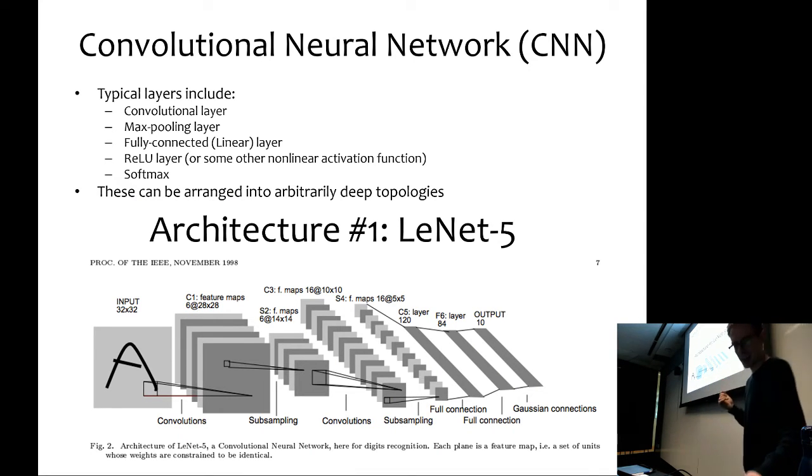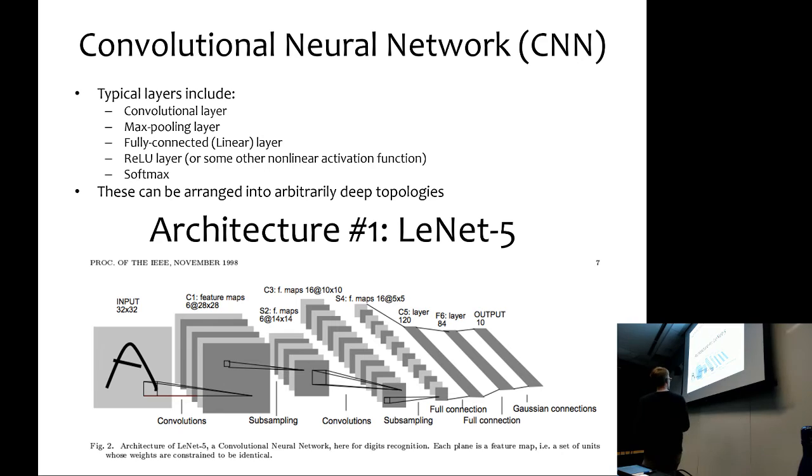This is a classic convolutional architecture from 1998, named LeNet after Yann LeCun. The typical layers in 1998 included convolution, max pooling, fully connected layers, ReLU layers, and softmax.